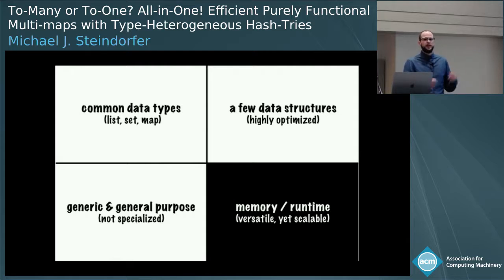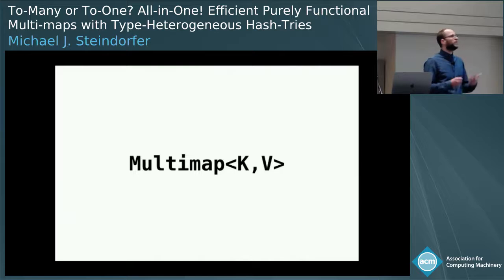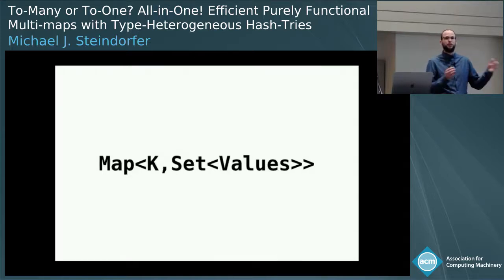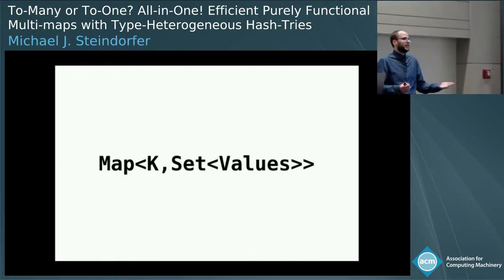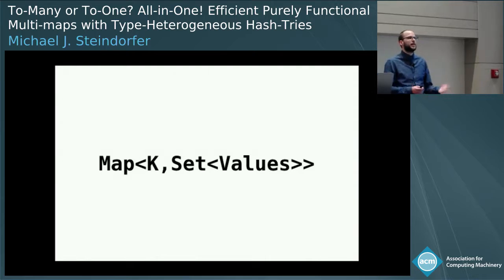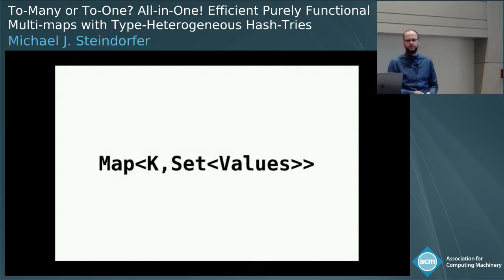From that perspective, a multimap is sometimes an odd fit, and you don't find it in that many collection libraries, at least. The reason is very simple. You can easily construct a multimap by just composing two primitives: maps and sets. You use sets as the values of a polymorphic map, and then you have something like a multimap. You can deal with several values that are associated with a key.